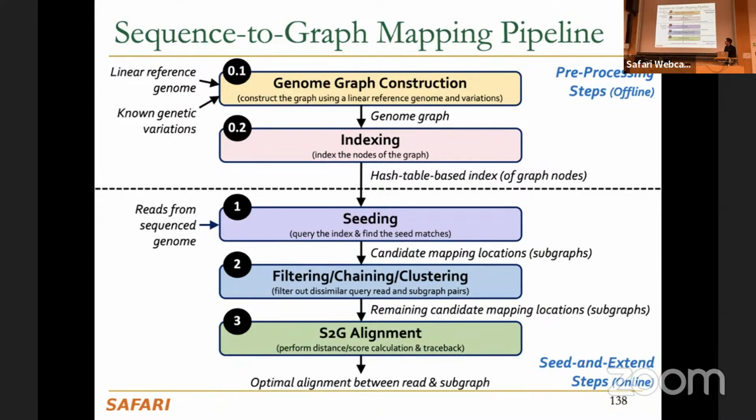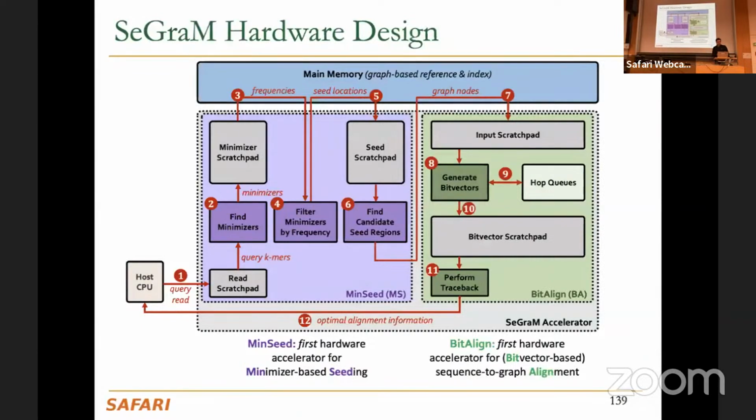But when you move on to graphs, the amount of cells that you need to compute in the dynamic programming manner increases. And also now there is no particular pattern in the cells that you're checking in the DP. This means that you can almost look at anywhere in the DP table to do the alignment. So this makes the computation a little bit more complex, meaning it is now slower.